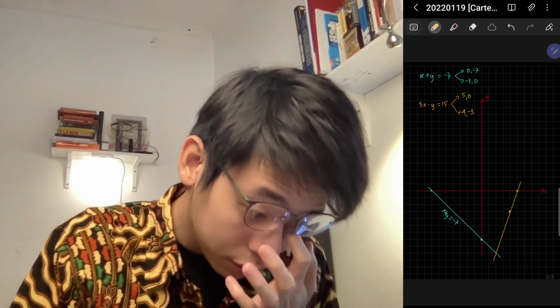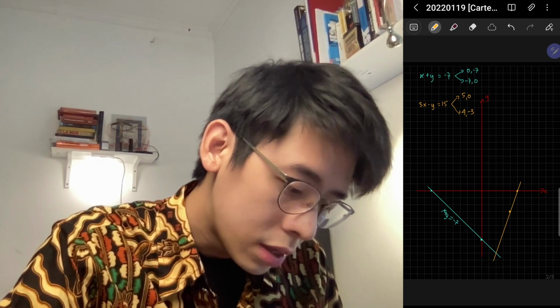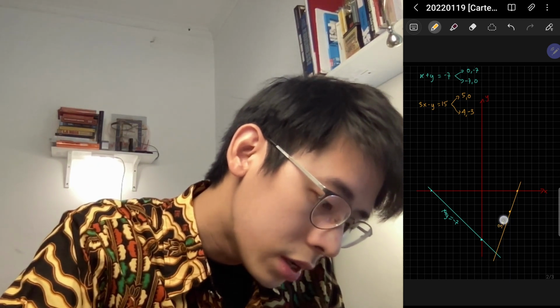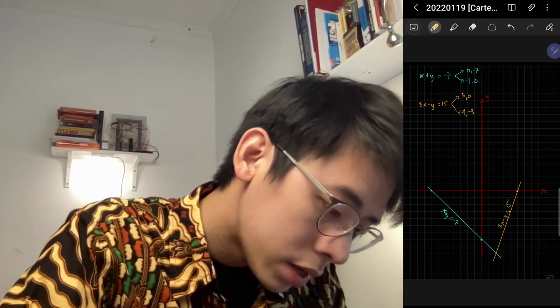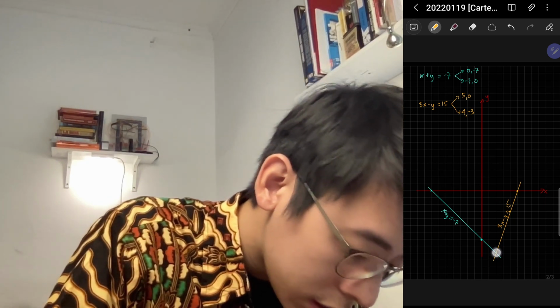In this case I have to be exact so you can see the intersection point clearly. So this is 3x minus y equals 15, and as you can see it is intersecting here.